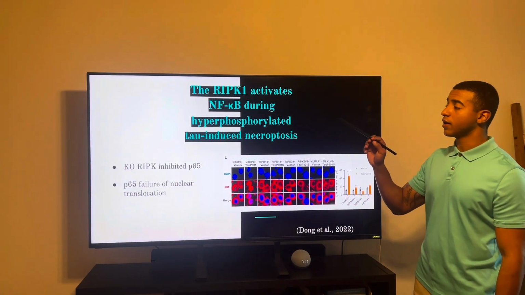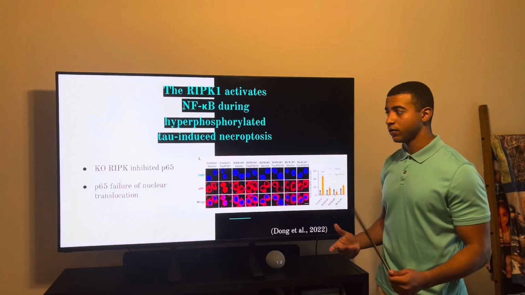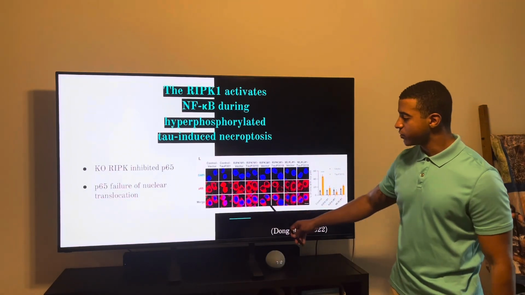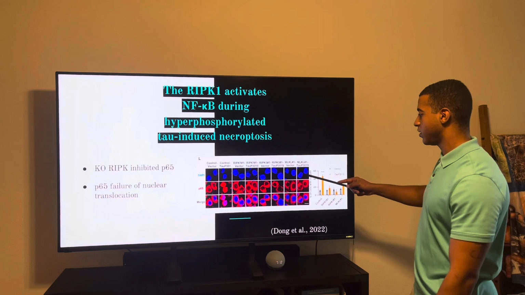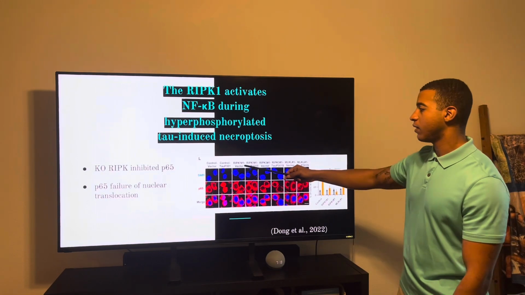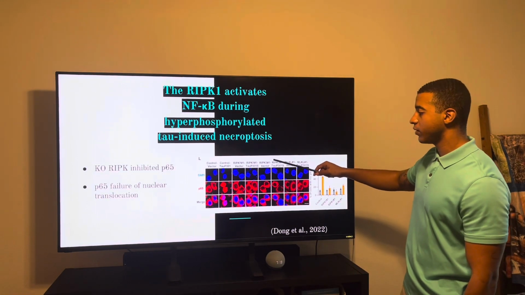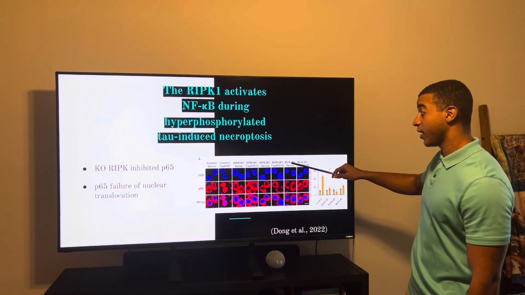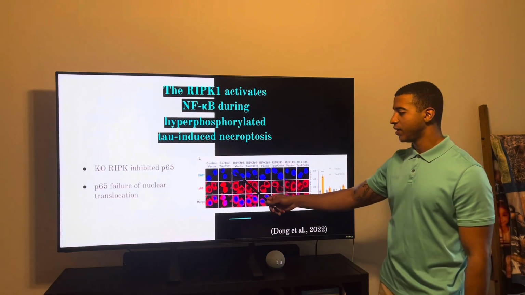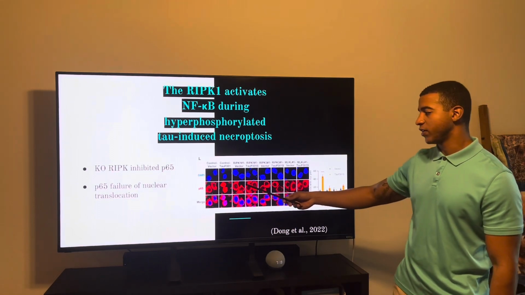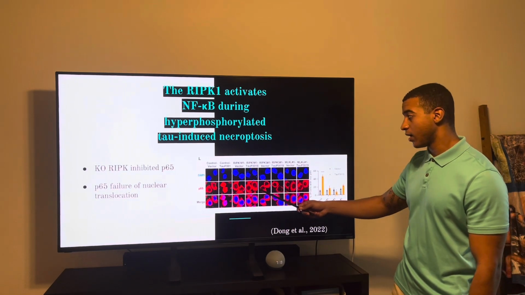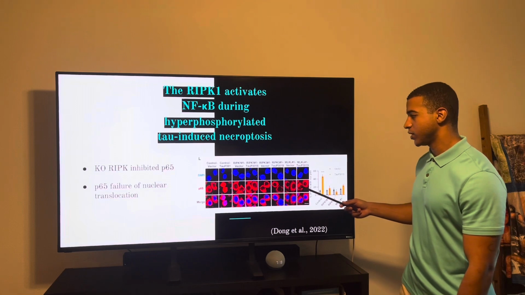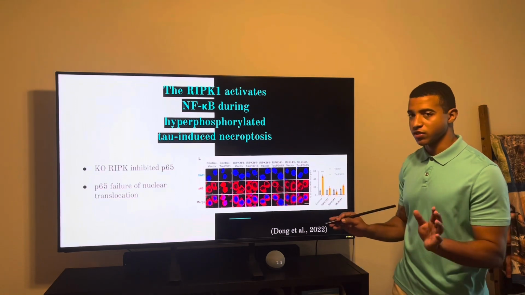They also found that the RIPK1 pathway. So basically this is the confocal imaging with all these ones being the knockout for RIPK1, RIPK3, or MLKL as well. And all of these show that the P65 indicator for NFκB was not showing any nuclear translocation, which means it is not activated.